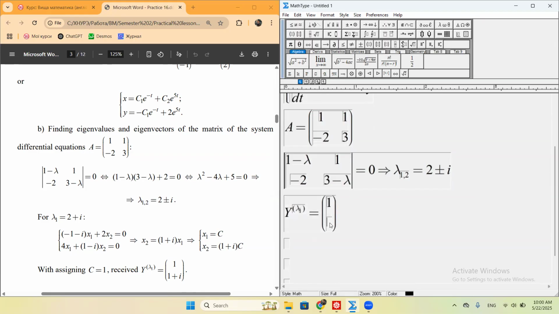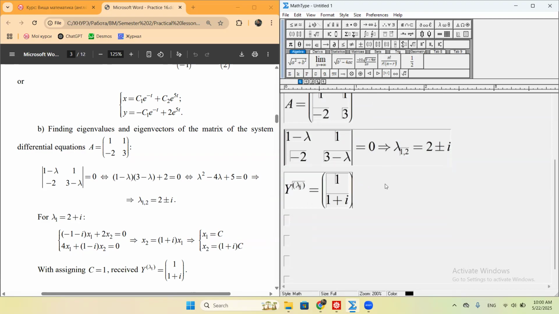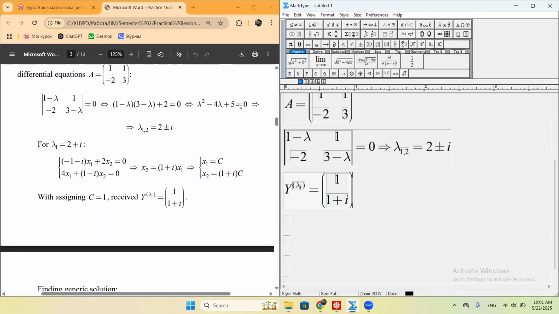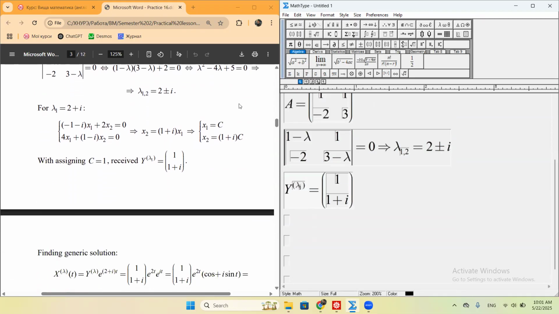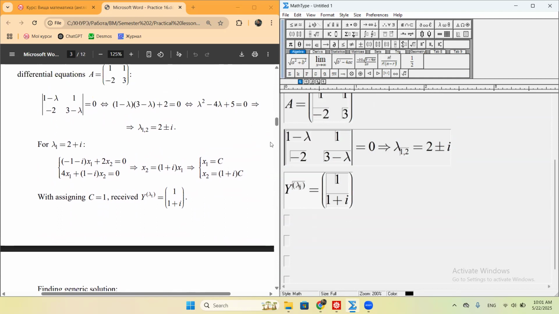So 1 and 1 plus i. This is the eigenvector. I can substitute C equal to 1, it is enough to find only one solution.